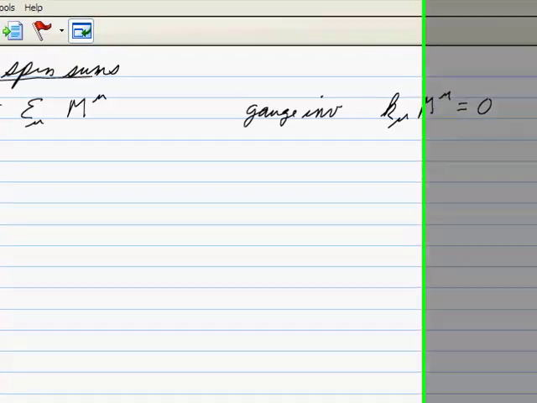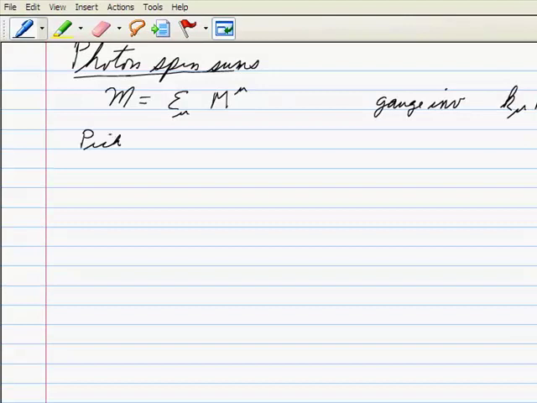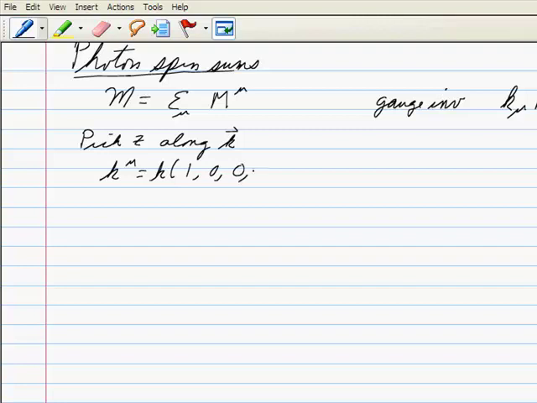Okay. If we pick the z direction along k, then k mu is k(1, 0, 0, 1). Epsilon mu is (0, 1, 0, 0). It's transverse, or (0, 0, 1, 0).